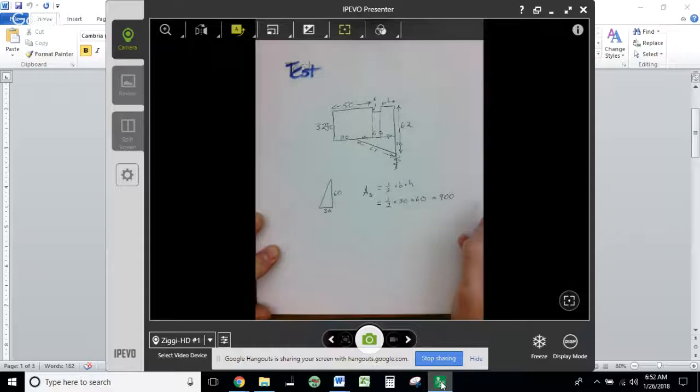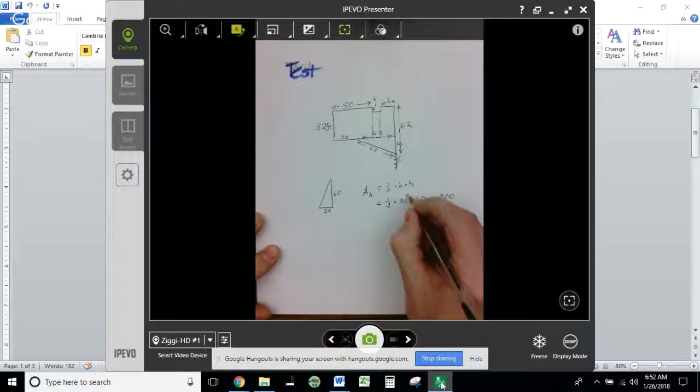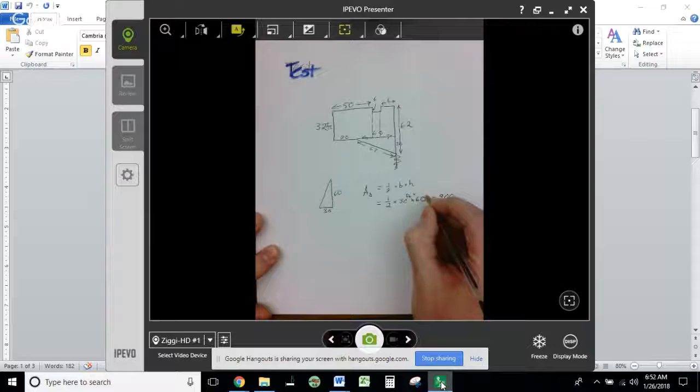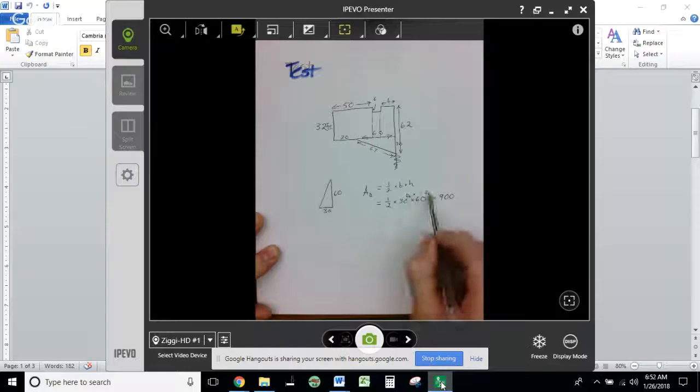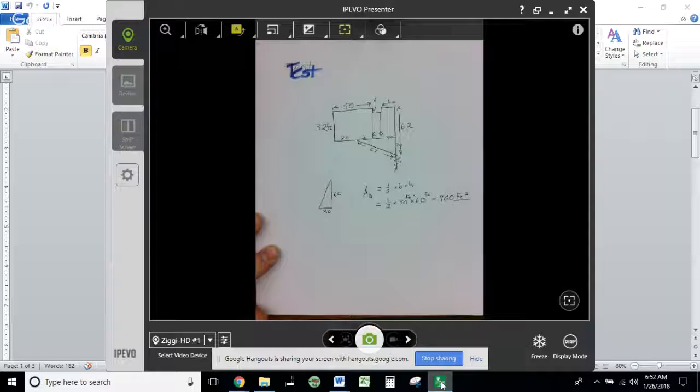And we just calculated something that had 30 feet times 60 feet multiplied by 1/2, but that was just a constant. So we had feet times feet, that is feet squared. Our area is measured in units squared, which is always the case, be it surface area or just regular area.